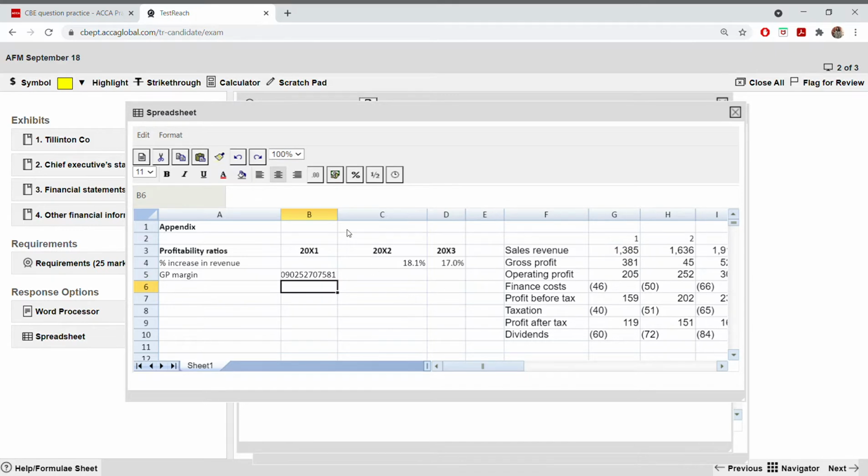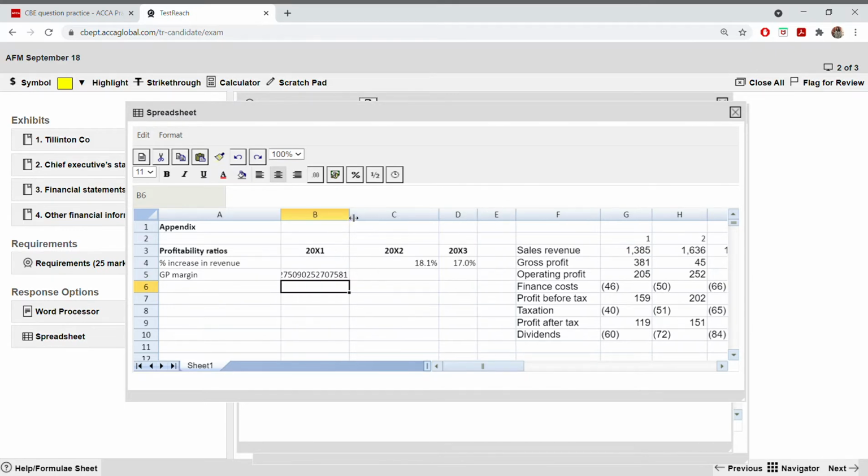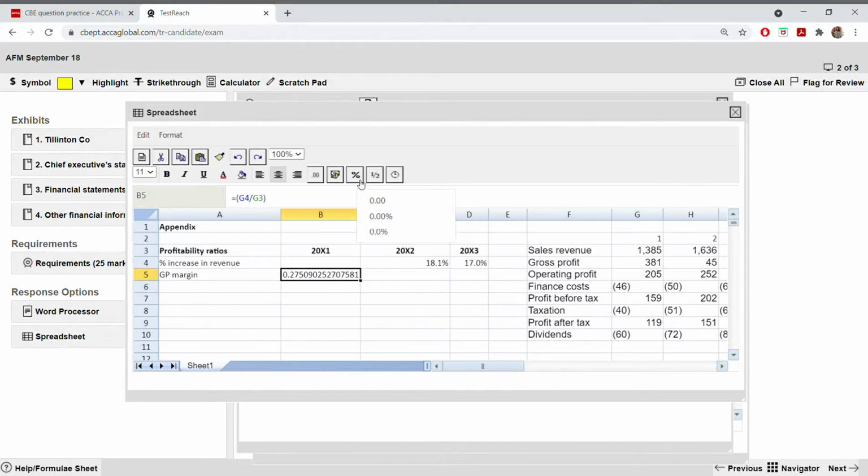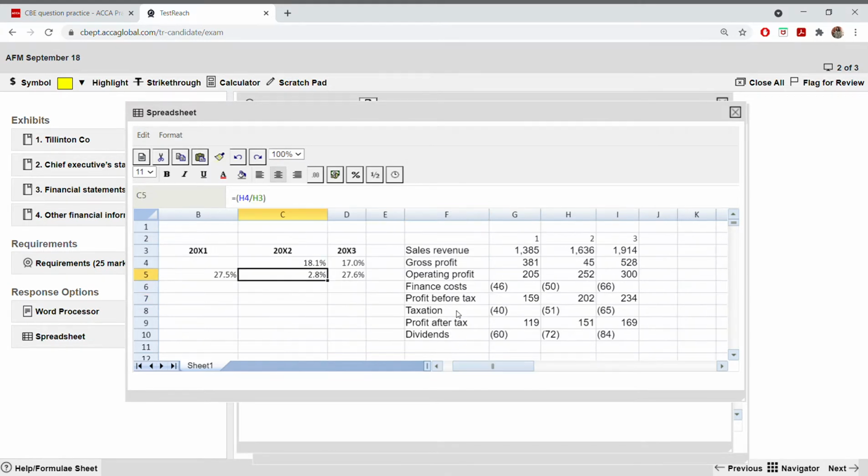If you see this, you have to take it in terms of percentage and 1 decimal place. 27.5. What happens? Just drag it to the other cells. In the second year, something.